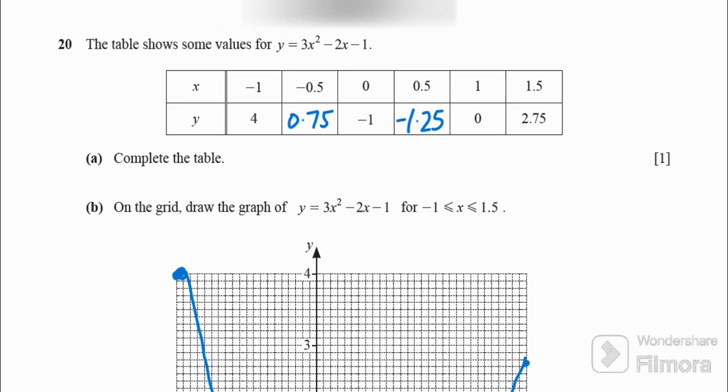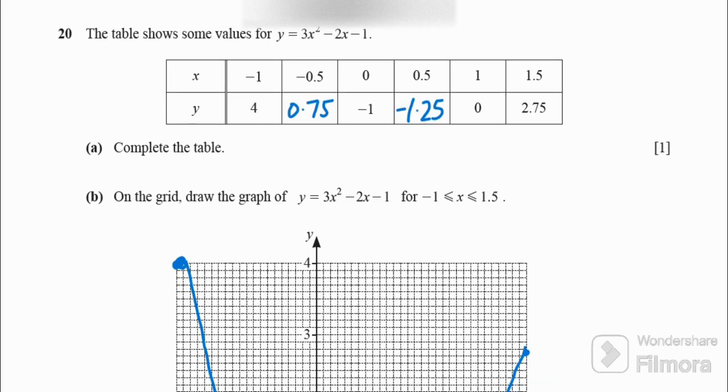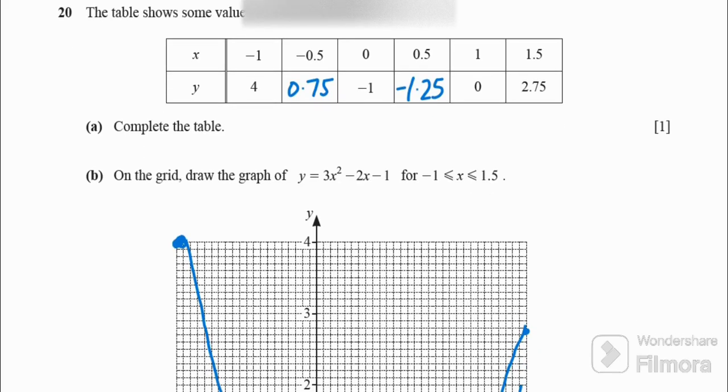Question 20 states the table shows some values for y, which is 3x squared minus 2x minus 1. So complete the table. First we will complete the table. The first one will be 0.75. The second one will be minus 1.25.